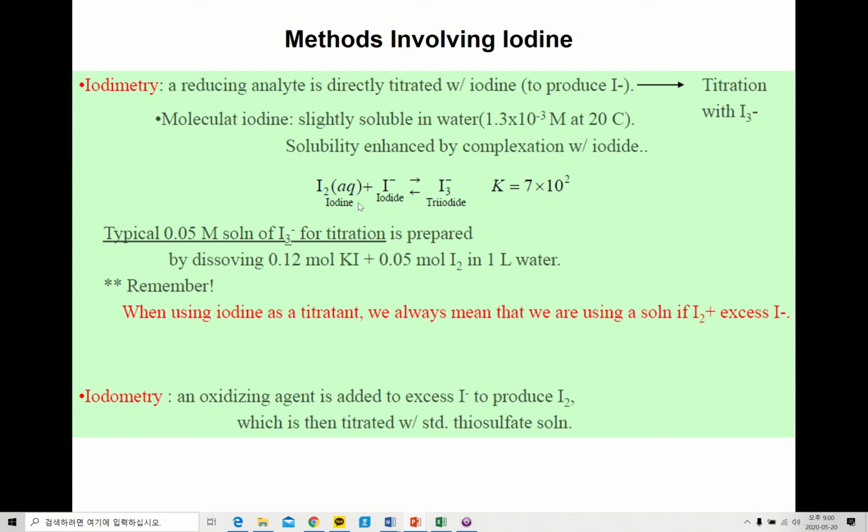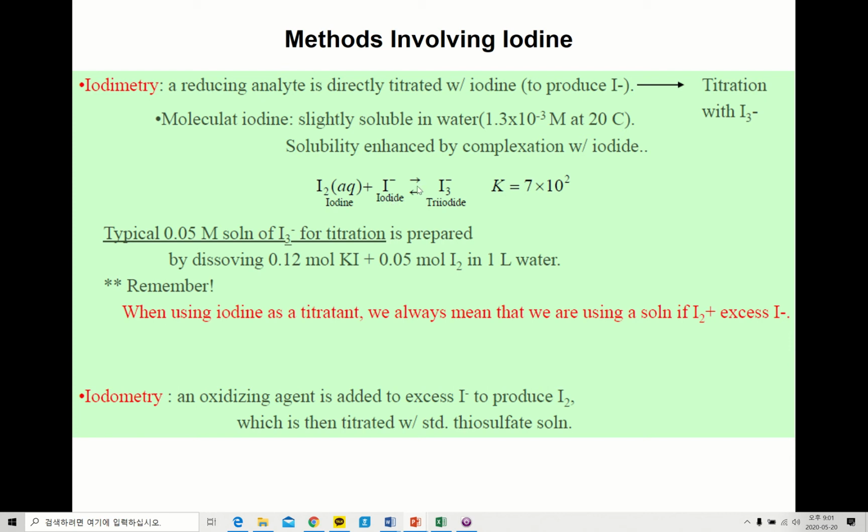So iodine and triiodide are different materials, but fortunately, electrochemically they are exactly the same. The role of this iodide is simply to enhance the solubility.